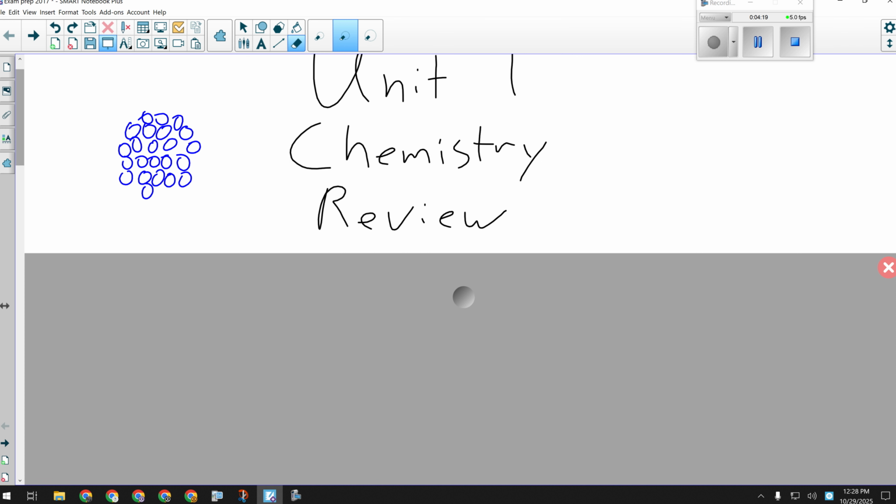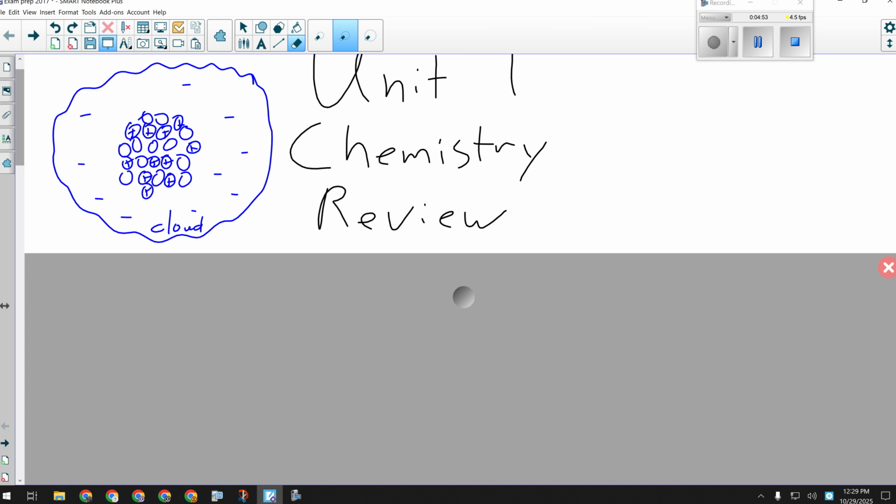I should have picked a smaller atom. So I've got 23 particles there. I'm going to put 11 protons in there. 1, 2, 3, 4, 5, 6, 7, 8. So now I've got 11 protons and I've got 12 neutrons. That's my nucleus. And then I'm going to draw my cloud and go 1, 2, 3, 4, 5, 6, 7, 8, 9, 10, 11.